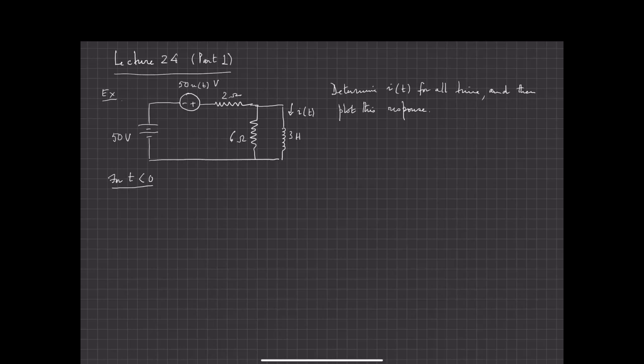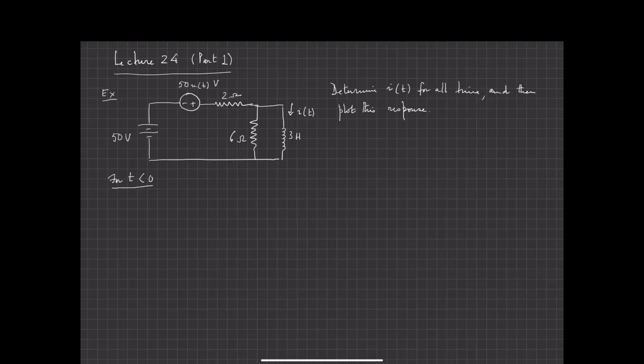Well, if you look at this circuit, the circuit then reduces to the following. It's this 50-volt source on the left. The second voltage source is a short because for t less than 0, u of t is 0. So the second source is a short, and then I have the 2 ohm resistor, and I have the 6 ohm resistor.